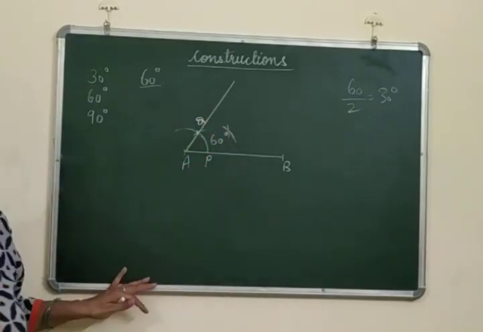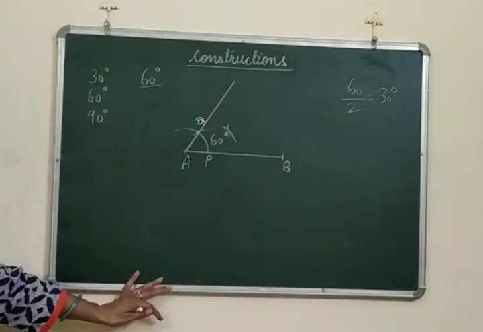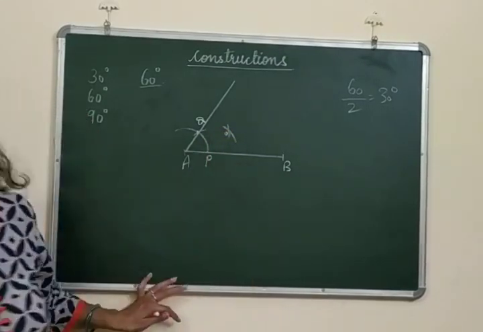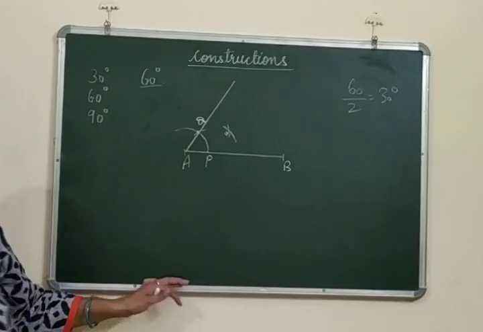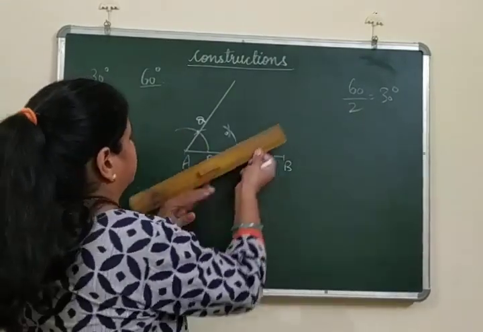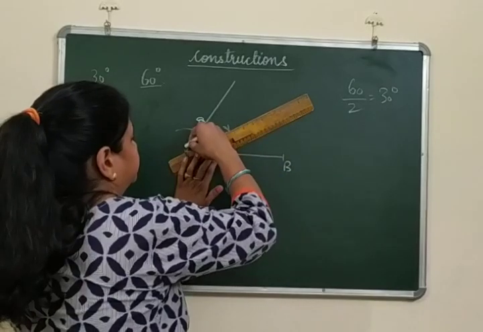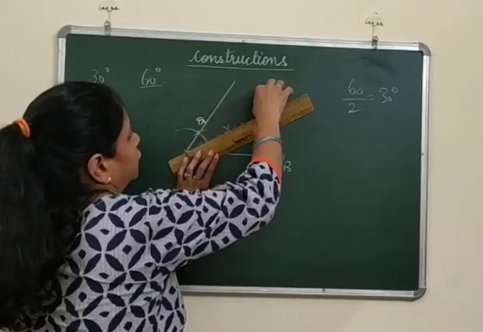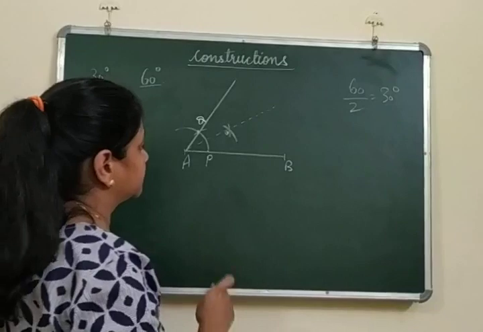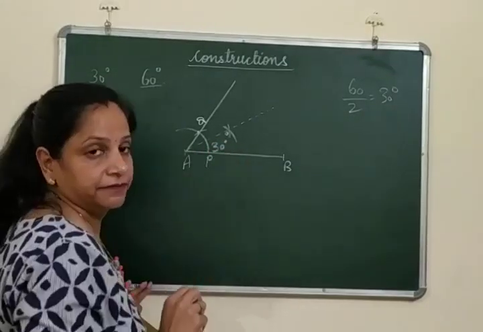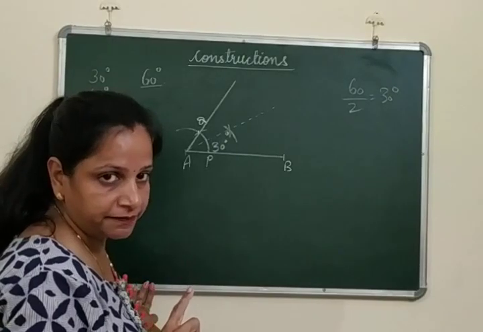Now we have got the point. Then we join this point from A like this, and let me draw the dotted line to make the difference. Now this angle which is made will be 30 degree.